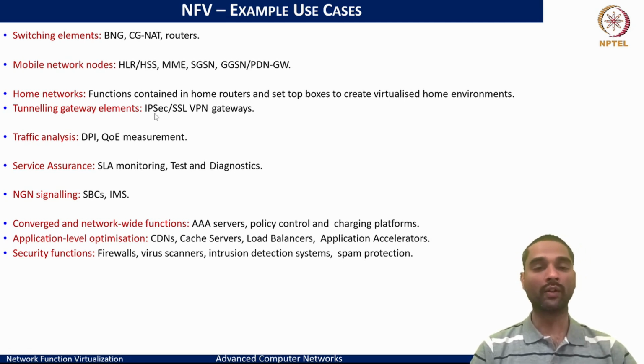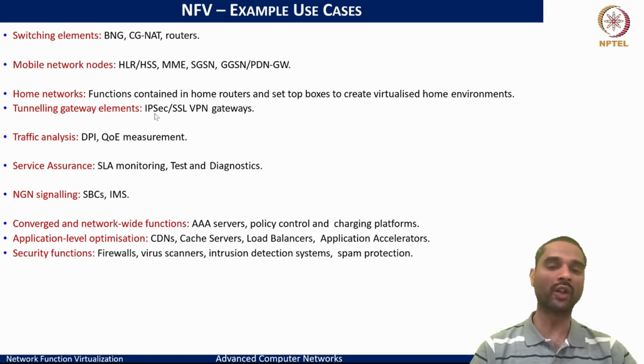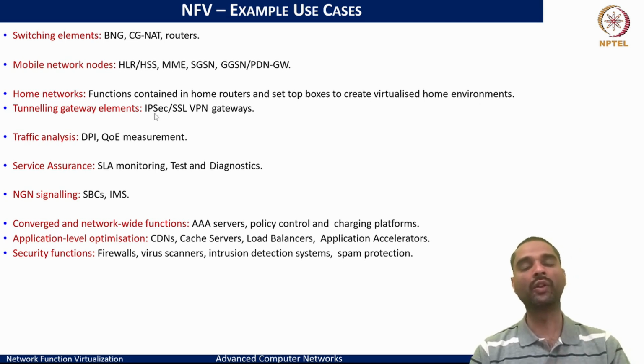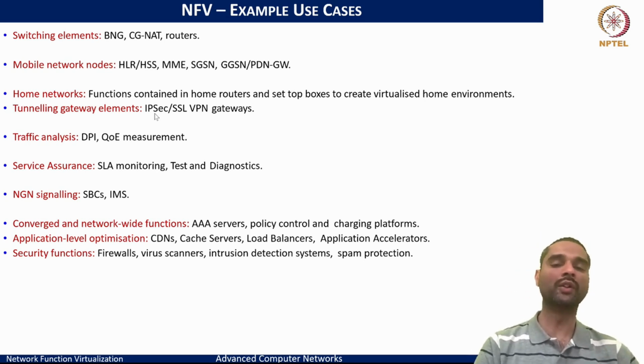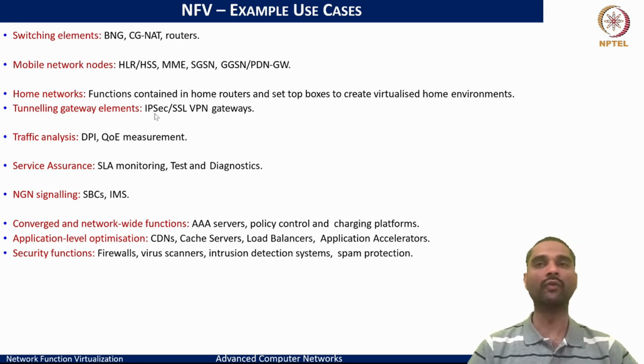And in fact, when we connect with the enterprise networks, we typically use the VPN gateways or IPsec based VPNs. Now all of these functions can be implemented in the enterprise network as virtualized network functions rather than as dedicated hardware, which costs several hundreds of $1,000s.